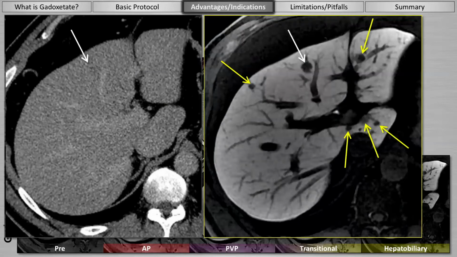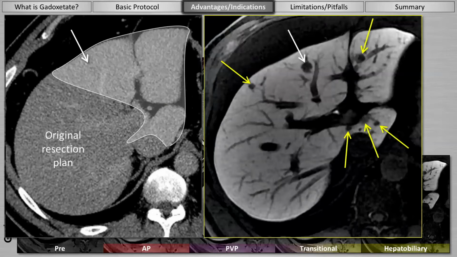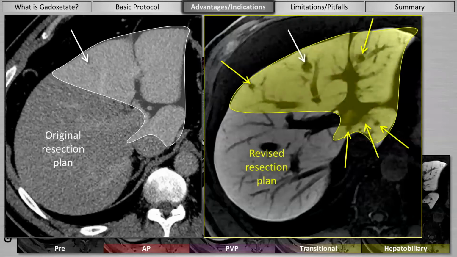Based on this CT, the surgeon was planning on doing a standard left lobectomy and was planning on removing this much of the liver. But if the surgeon had removed this much of the liver, they would have left some metastatic disease behind. And based on this MRI, they changed their surgical approach to include this metastasis over here.